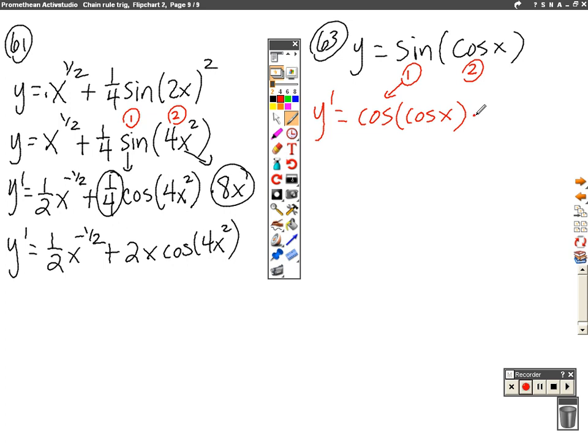The derivative of cosine is negative sine of x. There's really not a whole lot more I can do to that except stick the negative out front and make it negative cosine of cosine x times sine x, and that's multiplication, that's not a minus. There's really nothing more that you can do to clean that up. You can't do anything with the cosine of the cosine. It doesn't become squared, it doesn't do anything like that.